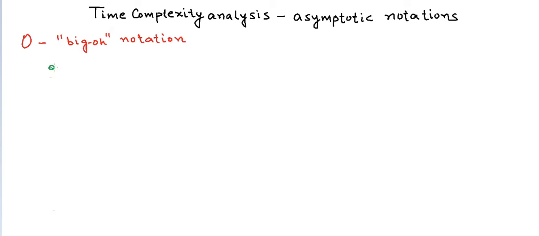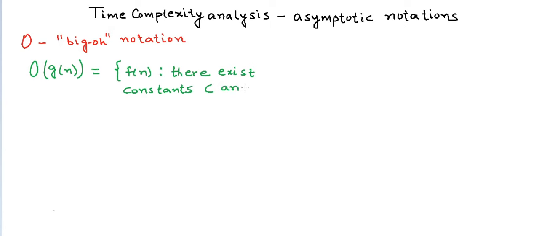If we have a non-negative function g(n) that takes a non-negative argument n, then O(g(n)) is defined as the set of all the functions f(n) for which there exist some constants c and n₀, such that f(n) is less than or equal to c times g(n) for all n greater than or equal to n₀. And it's easier to understand this using some example.